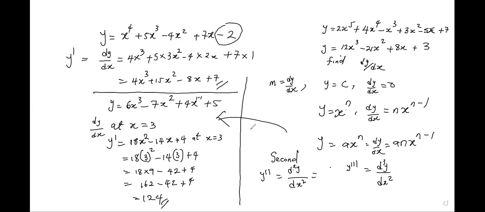For example, this particular one that we have done before is dy dx. But if I decide to differentiate this particular one now, let's say somewhere here, I decide to do it for the second time. So I'm going to get this multiplied by this. So it's going to give me 36 x raised to the power 2 minus 1, that's 1. Here now I'm going to get minus 14 because x raised to the power 1 minus 1 is 0.